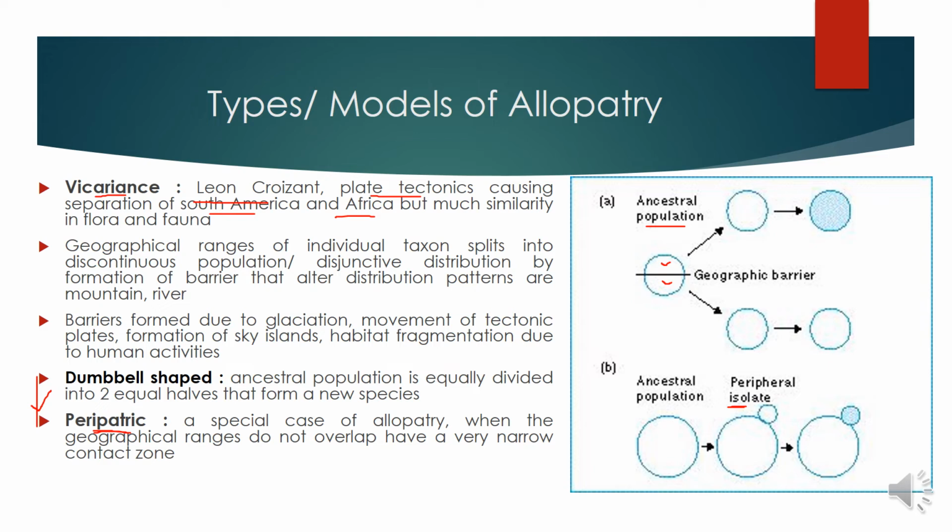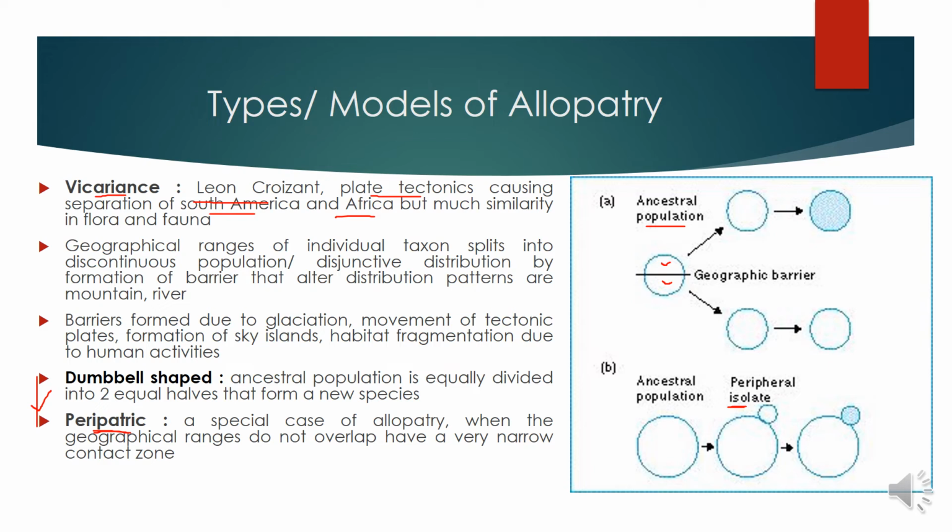The plants which were close to each other, without any geographical barrier earlier, now have the geographical barrier of ocean, so there is no genetic interaction.